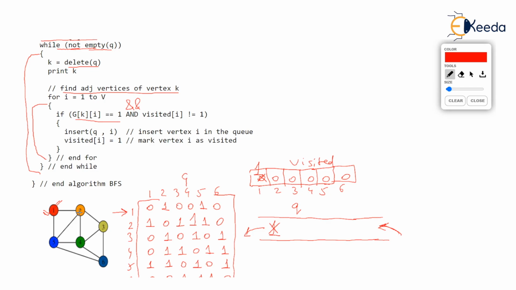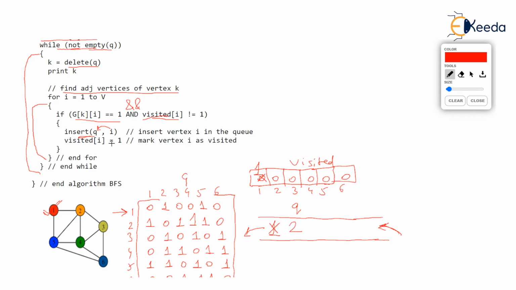So the second vertex is an ideal candidate to be processed. But as both conditions are true, we don't directly print it, but we insert that I. I is 2 at the moment, so 2 will get inserted in the queue.